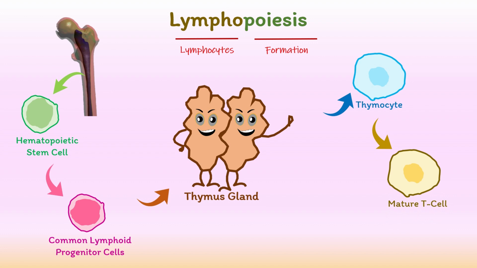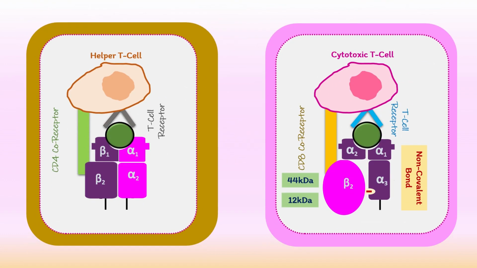As we have discussed in our previous video on major histocompatibility complex, cytotoxic T cell has T-cell receptor and CD8 co-receptor, and MHC-I has groove presenting antigen that binds the T-cell receptor, while CD8 co-receptor binds the Beta-2 Microglobulin of MHC-I.